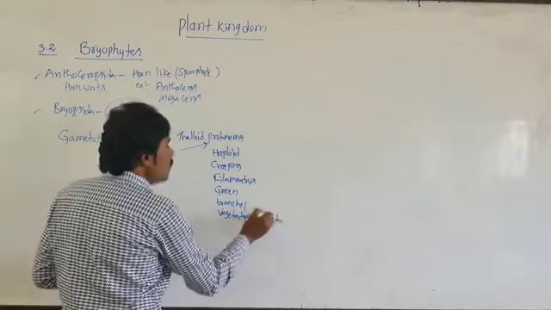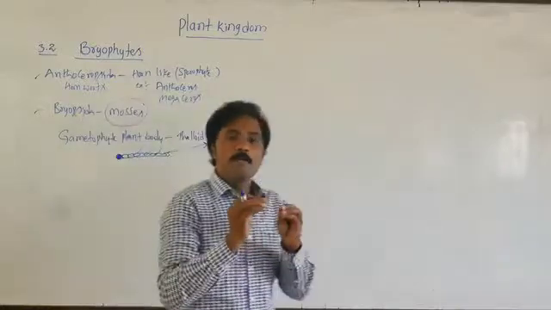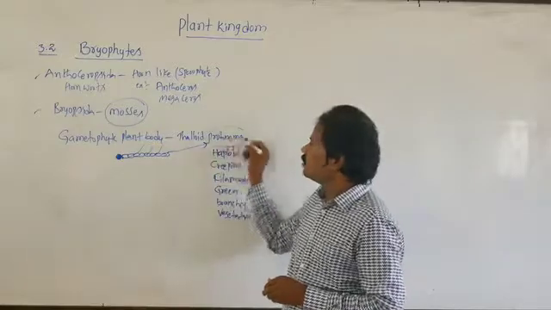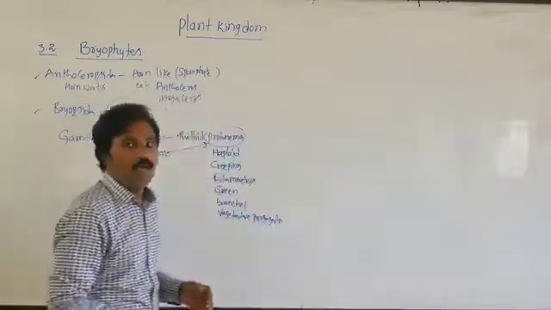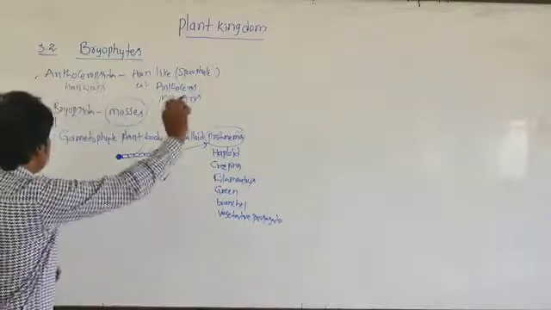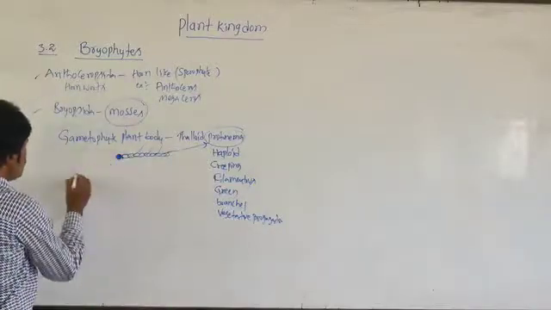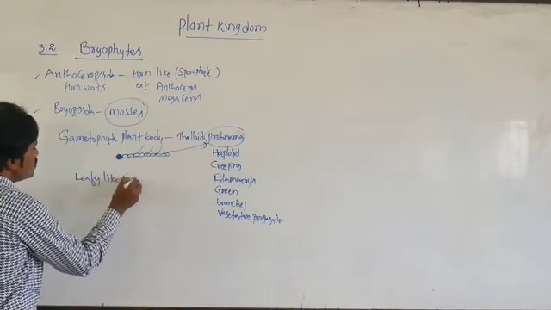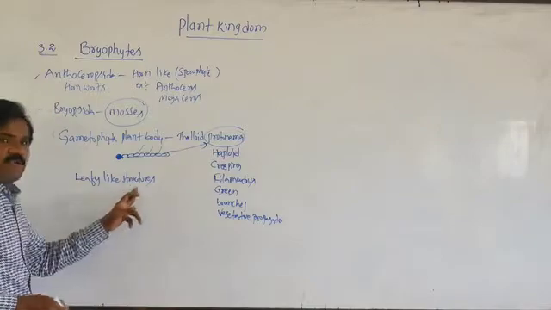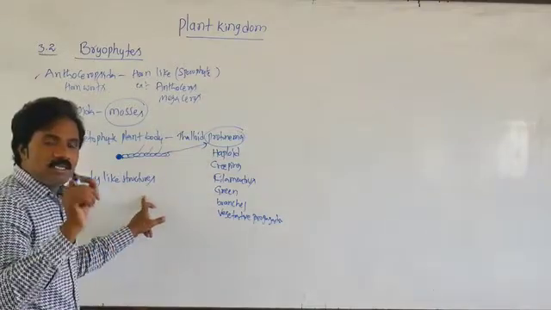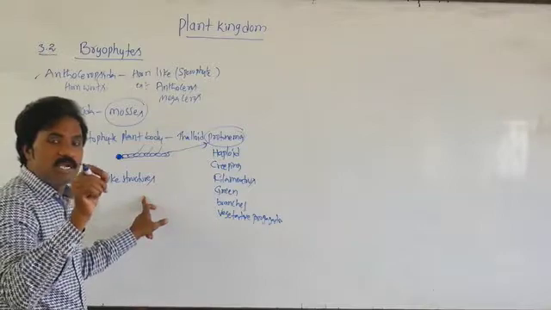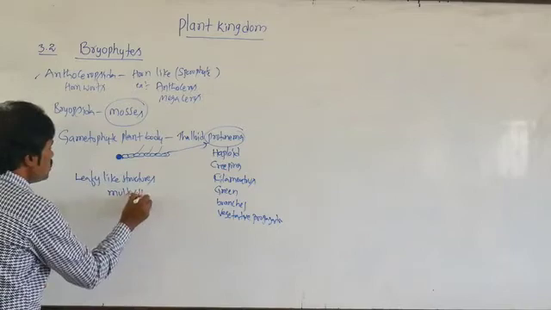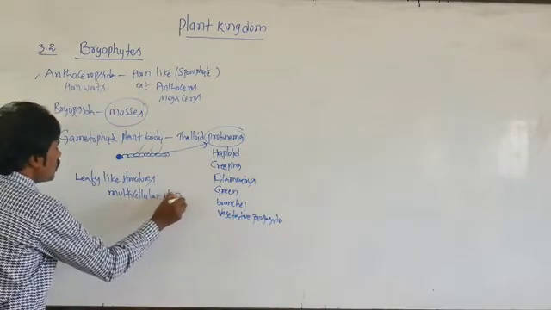Vegetative propagation helps only in the primary thalloid body. The protonema is the primary gametophytic body. Then later it will form the secondary, that is, the leafy-like structures, with septa and multicellular rhizoids.